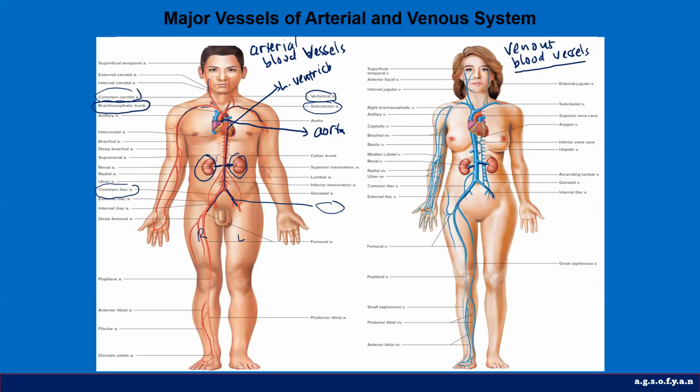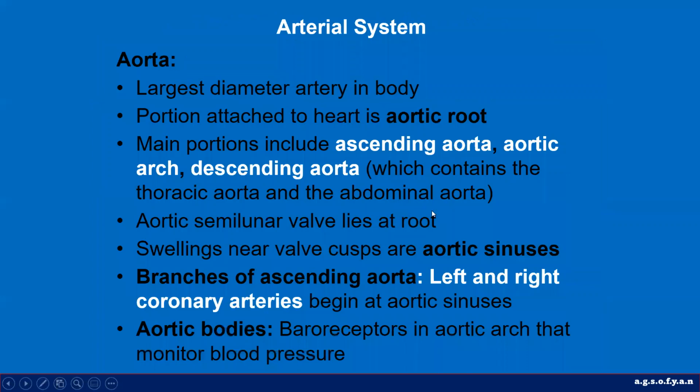And all of these smaller veins will combine into a bigger vein over here called the vena cava. And again, the one that comes from the bottom part of our body, combining all the veins from the organs of the bottom part of our body, is called the inferior vena cava. Okay, so this is the inferior vena cava.